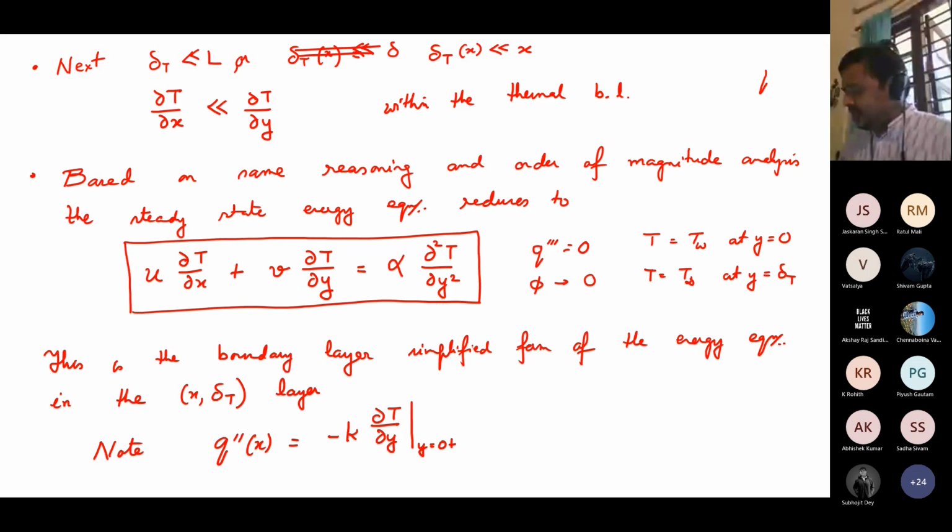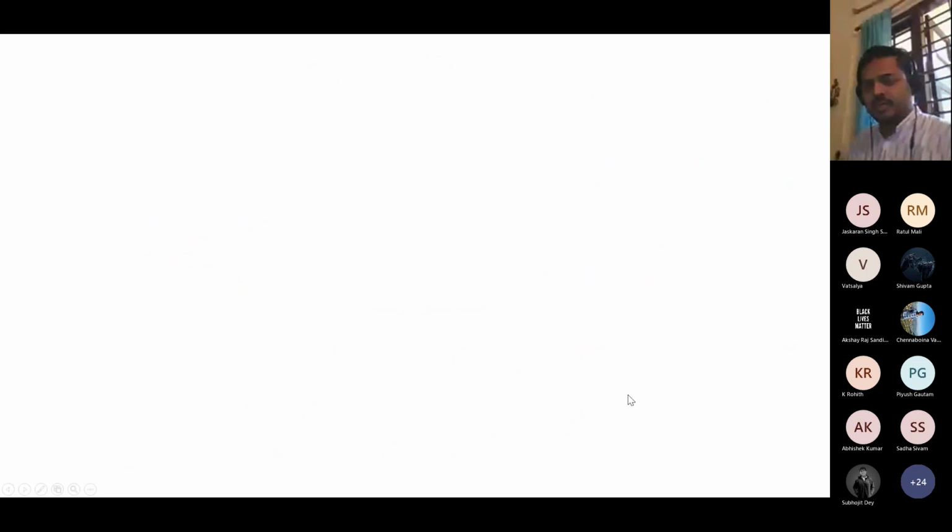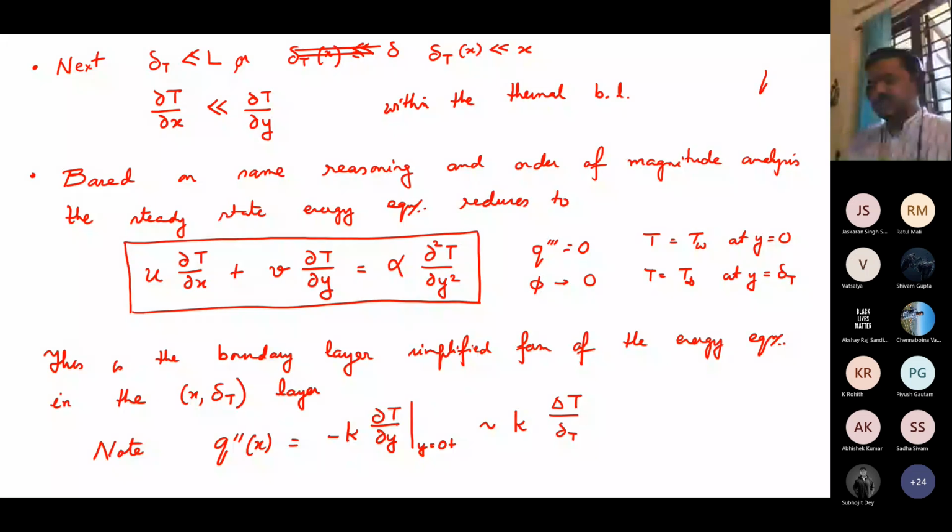And this is going to scale as, not equal to, but scale as k delta T over delta T, where delta T is TW minus T infinity. Okay. So think about this.